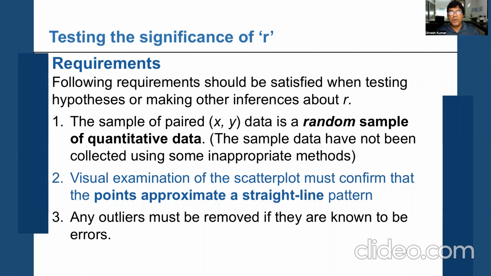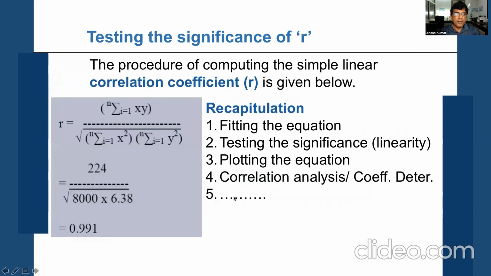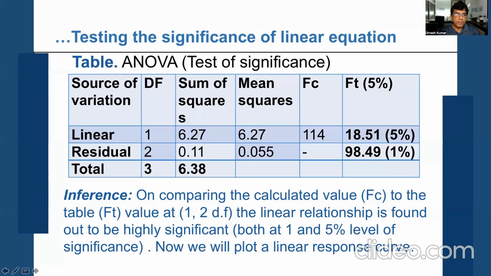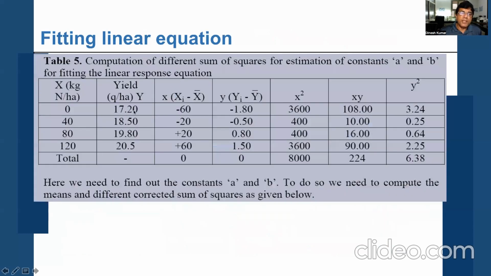Just remove them. For example, the grain yield varies from, say, I am just telling you the meaning of outlier, from 17.2 to 20.5. There is only a 3 quintal difference in these data.